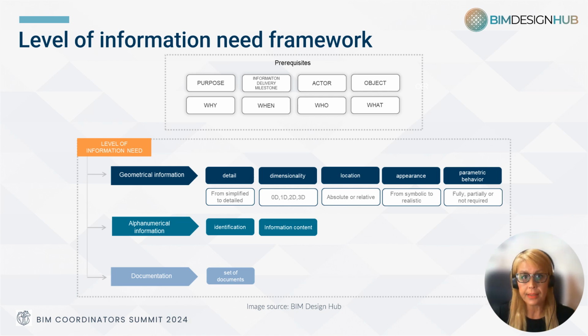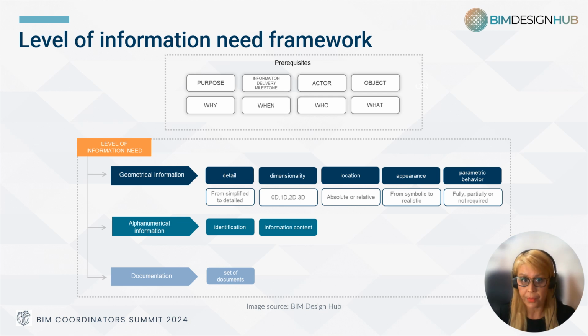According to ISO 9650, the level of information need framework is used to define the quality, quantity, and granularity of information requirements. The level of information need is a European standard and is used to communicate efficiently the degree of the information that is required according to a specific purpose.